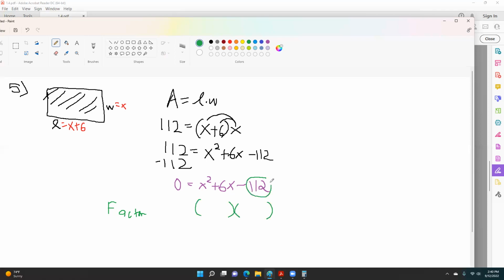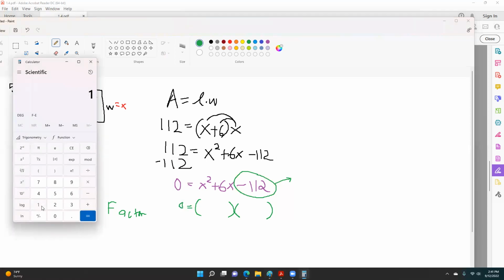The only downfall is you need to list all the factors that multiply to give 112. This is the difficult part of this factoring. So what times what is 112?